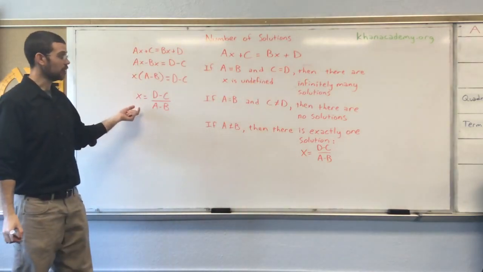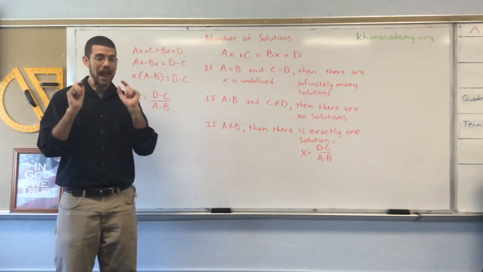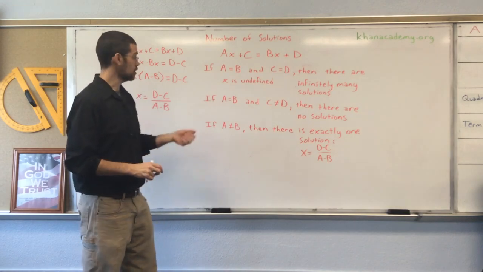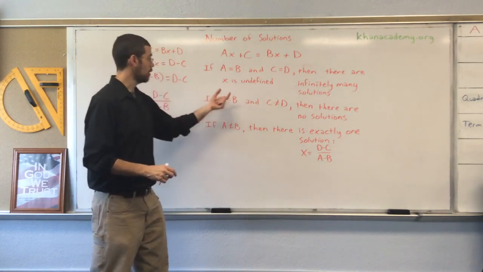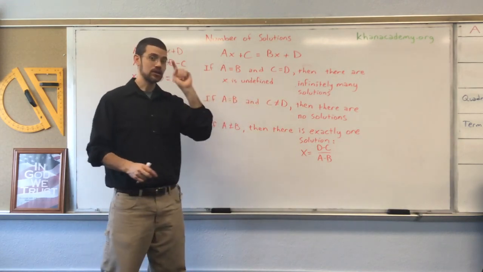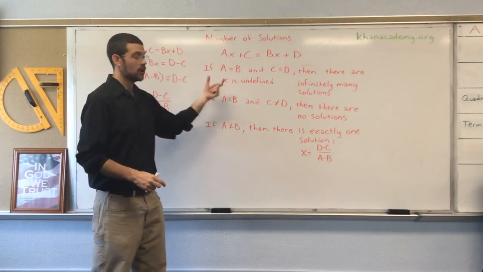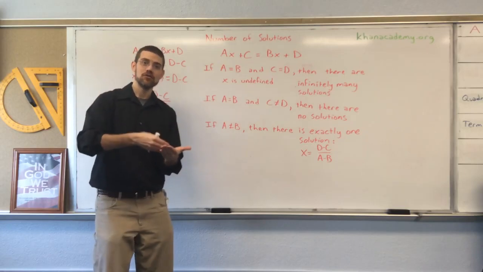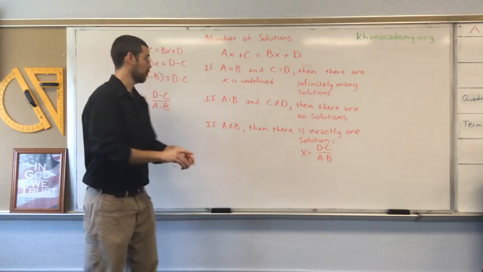X is undefined as a single number, right? So there are infinitely many solutions. So X could be any number, but there is not one solution, so X is undefined. That is, it's not defined as definitively being this one number, okay?